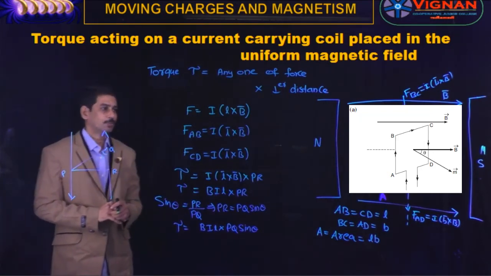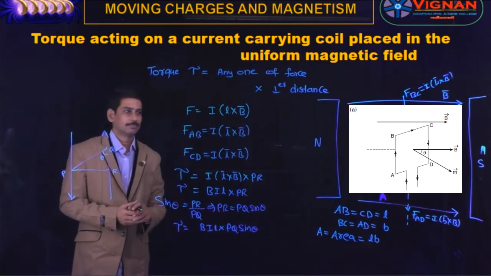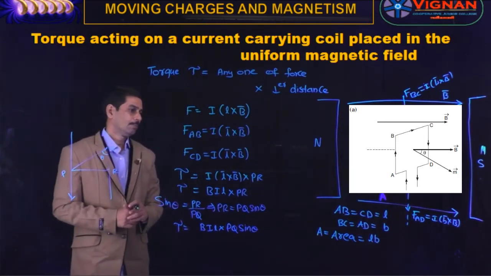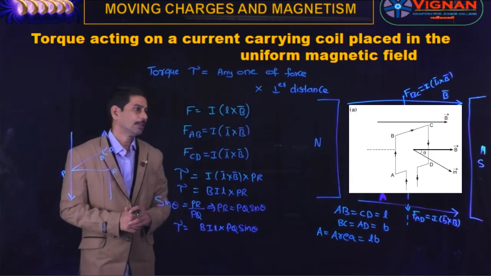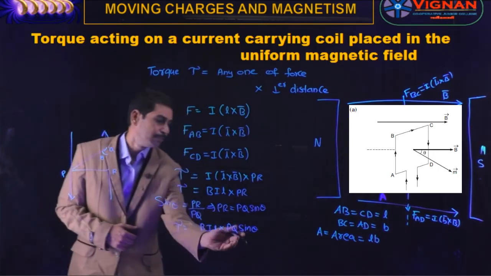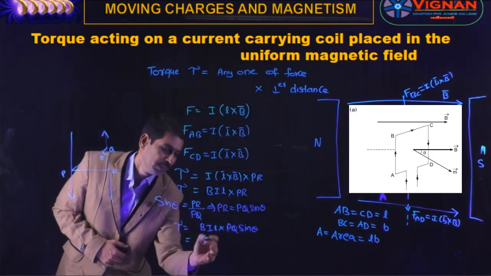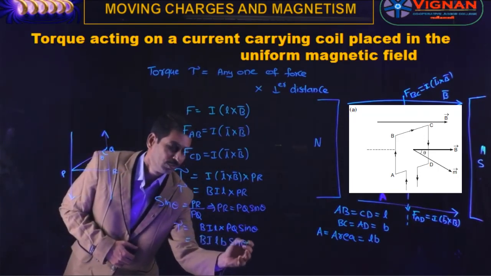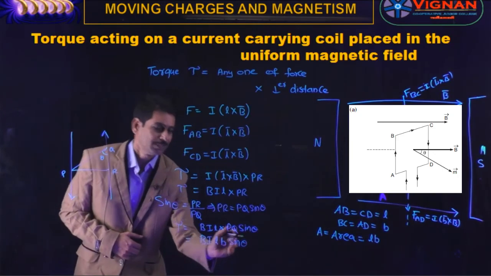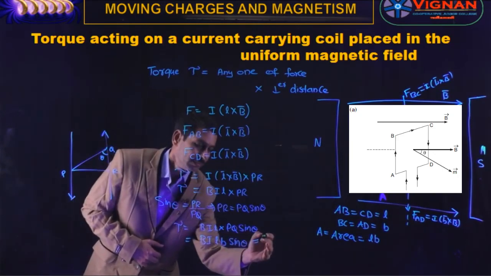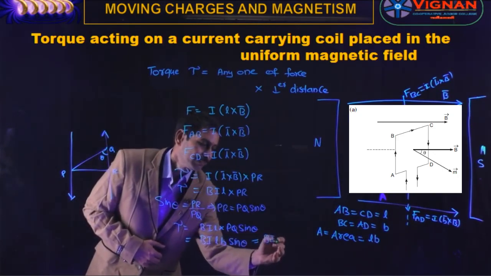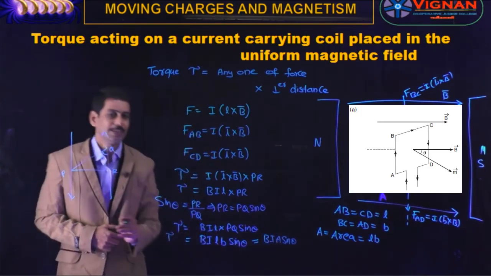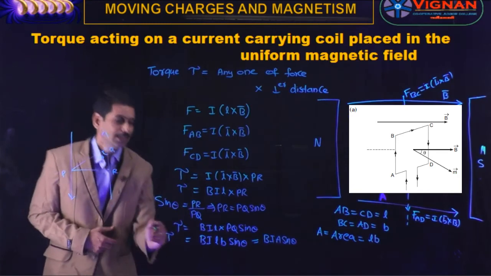And what is PQ? PQ is nothing but b, which is equivalent to BC. So it becomes BIL b sin theta, and we know length into breadth is the area of the rectangle. So you get BIA sin theta. So this is the torque.